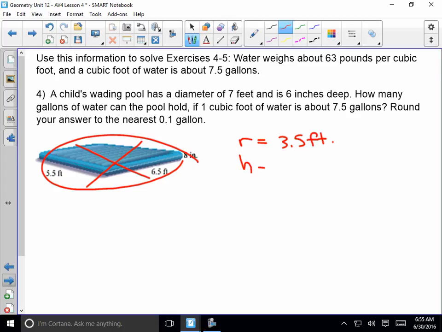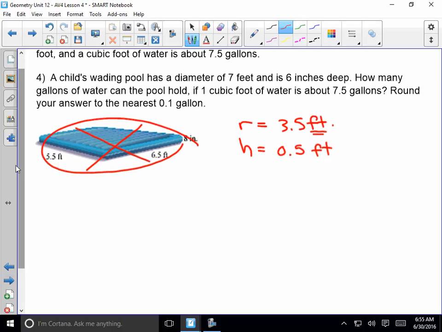So the height of this cylinder has to be converted to feet. So it's 0.5 feet, because 6 inches is half of a foot. How many gallons of water can the pool hold, if 1 cubic foot of water is about 7.5 gallons?